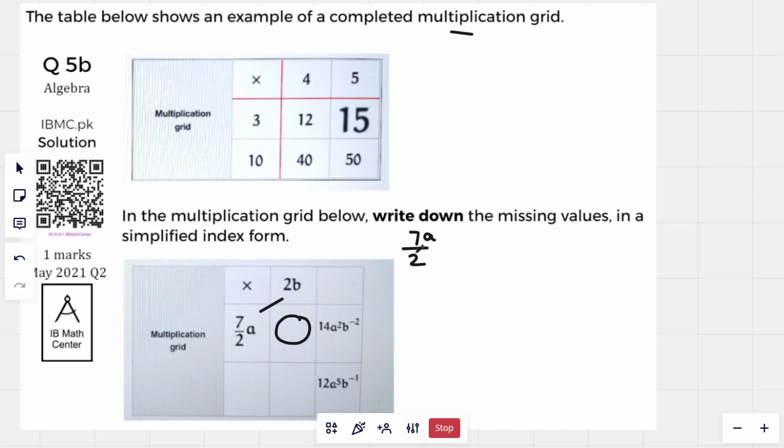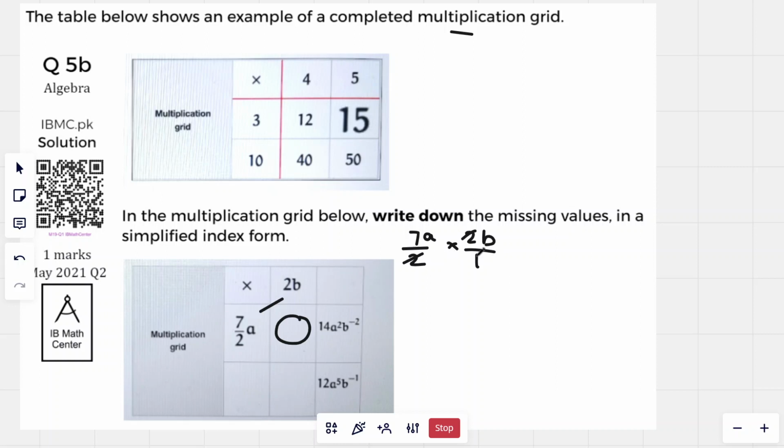It is actually implied that it is part of the numerator, multiplied by 2b. Now when there is no denominator, it is implied that the denominator is 1. Because these two fractions are multiplying, I repeat, because these two are multiplying, then we can cancel these two. If they were adding, subtracting, or dividing, we cannot cancel these two.